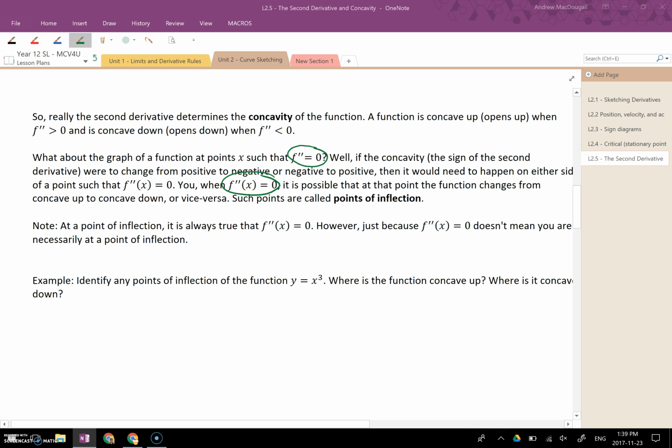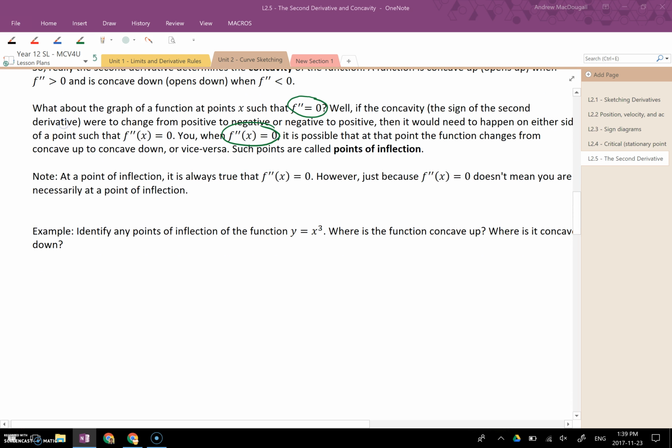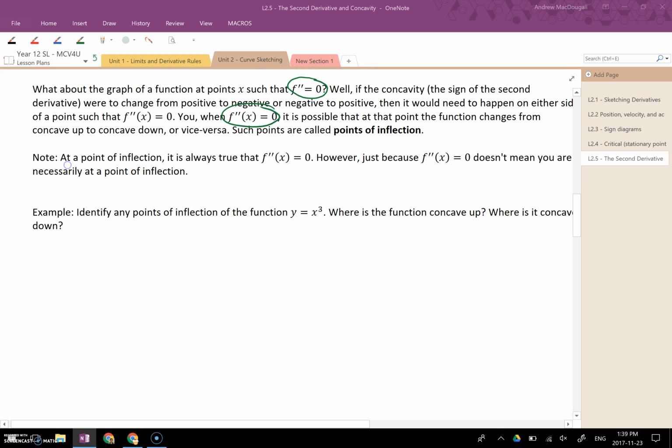Unfortunately, that's not enough. Just because f double prime equals 0 does not mean you necessarily have a point of inflection. You have to test to see whether, at the point, the concavity switches from up to down. Let's look at perhaps the most famous example. y equals x cubed. Its second derivative is 6x.